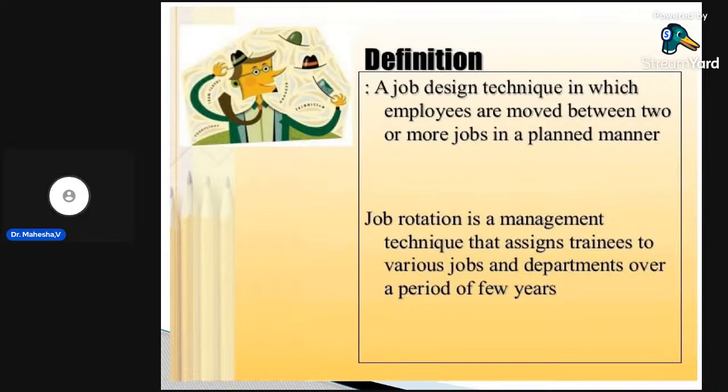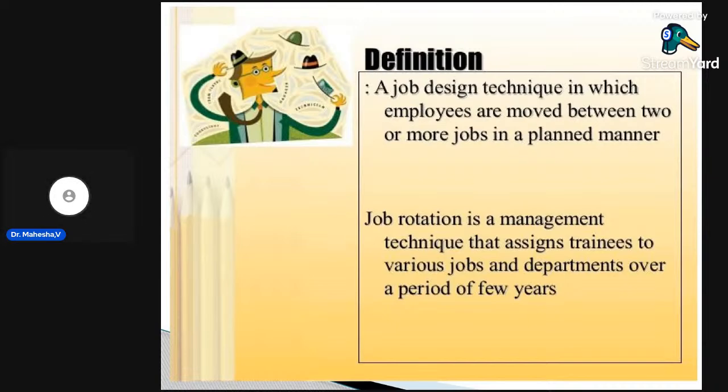Take the example of a bank. There are five or six counters in the bank. Once or twice a week, each employee will be changed to another counter. The employee who sat at the first counter may be shifted to the third counter, or the second counter.